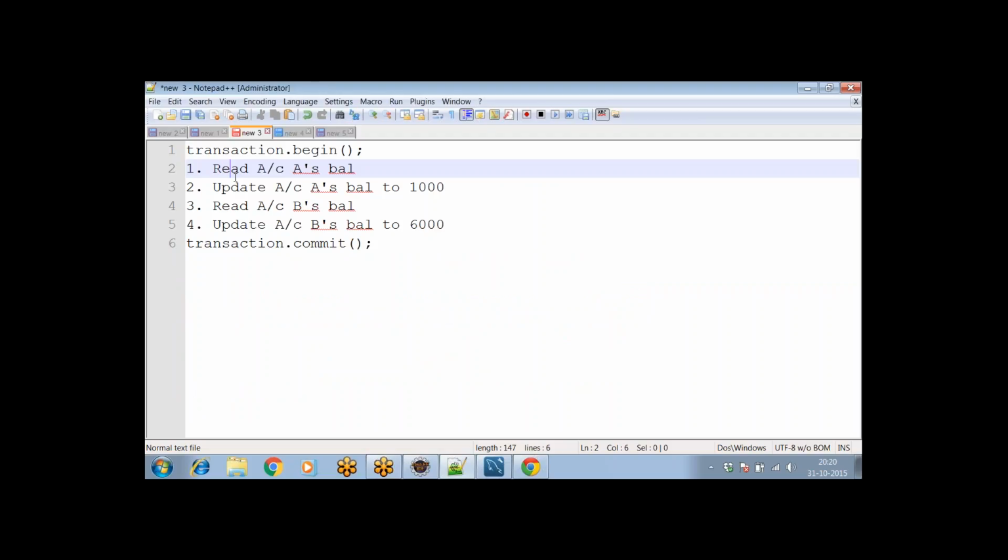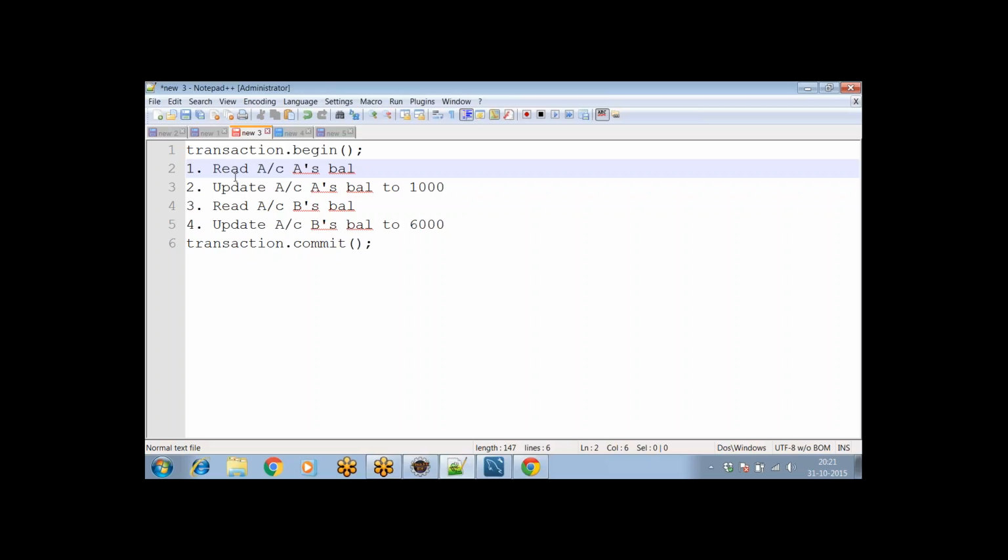During the execution of this transaction, first the transaction will update account A's balance, and then it updates account B's balance. But after account A's balance is updated, there was some error in the transaction which caused it to terminate.